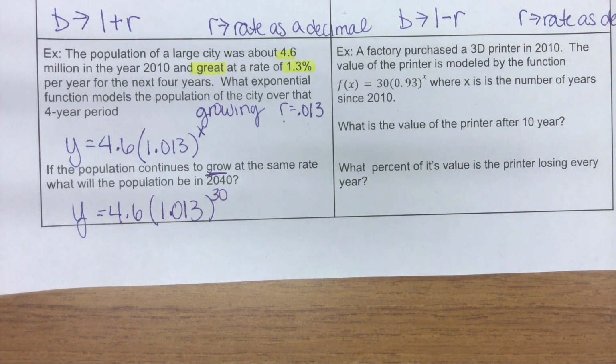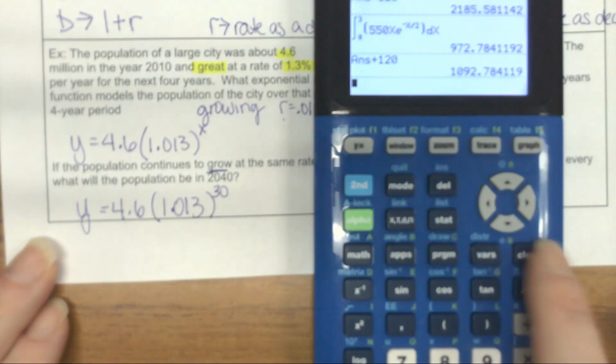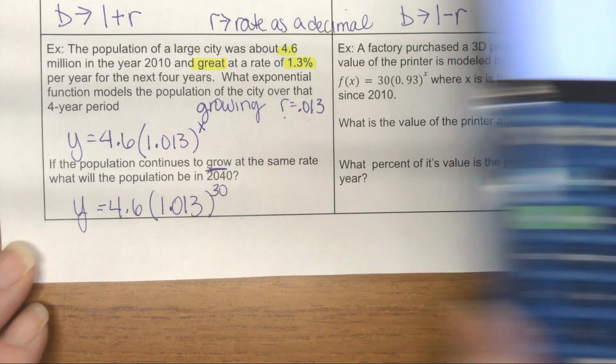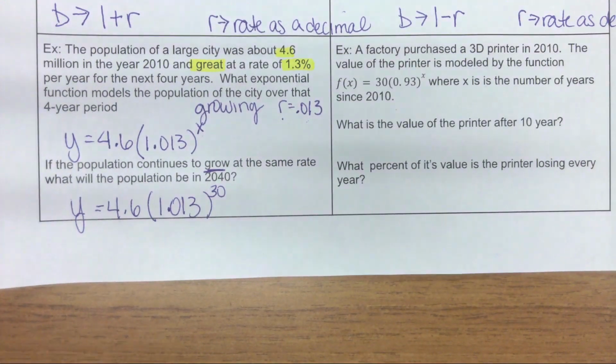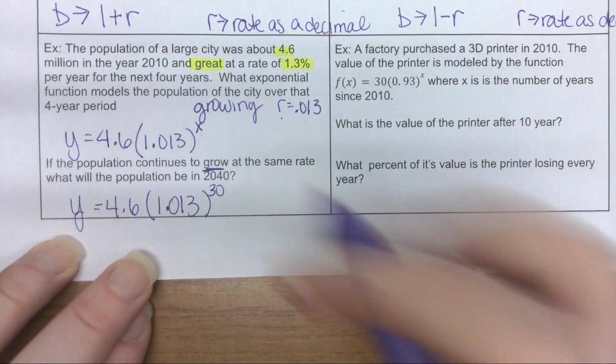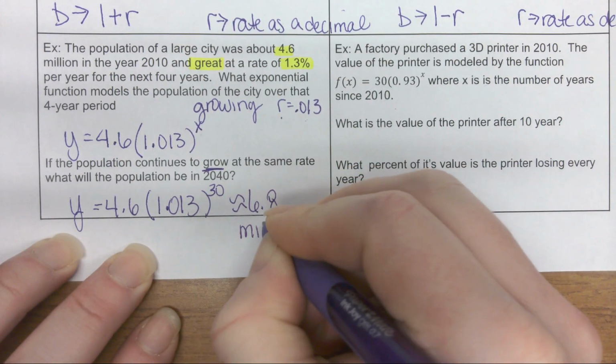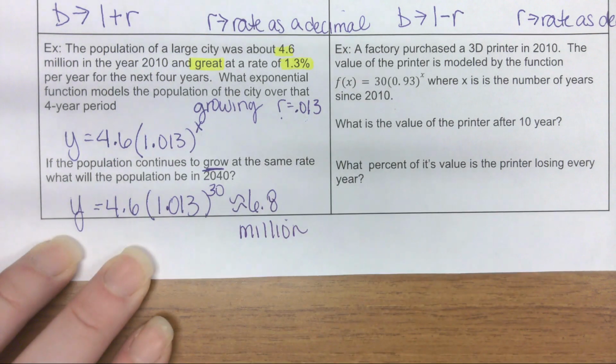It's population, so let's round to the nearest person. I got 6.0, it's million people. Let's just round to 1 decimal. I got about 6.8 million. Is that what you got too? Okay.